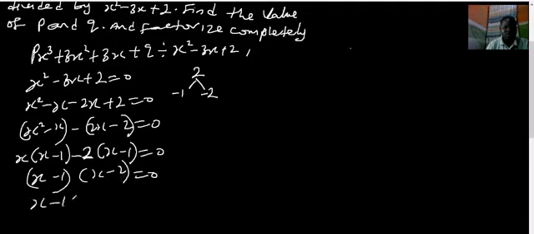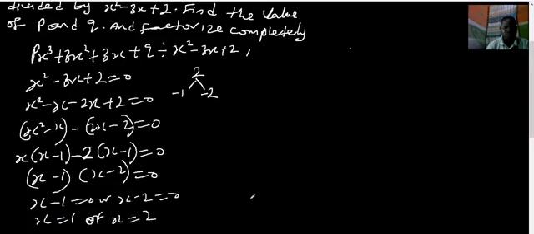So x minus 1 equals 0, or x minus 2 equals 0. So you will have x equal to 1 or x equal to 2.